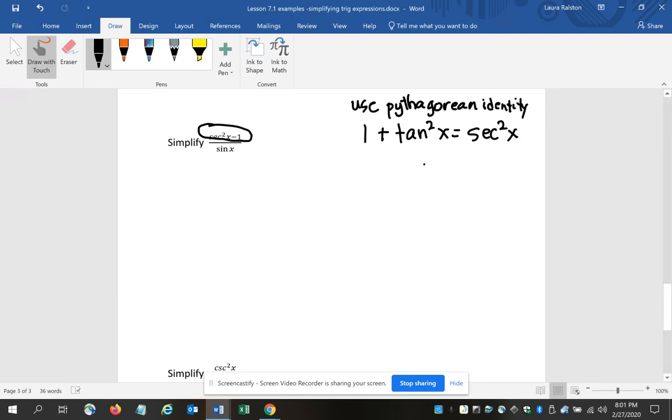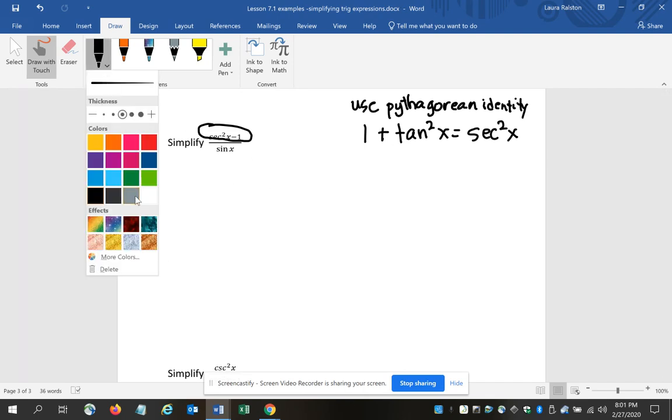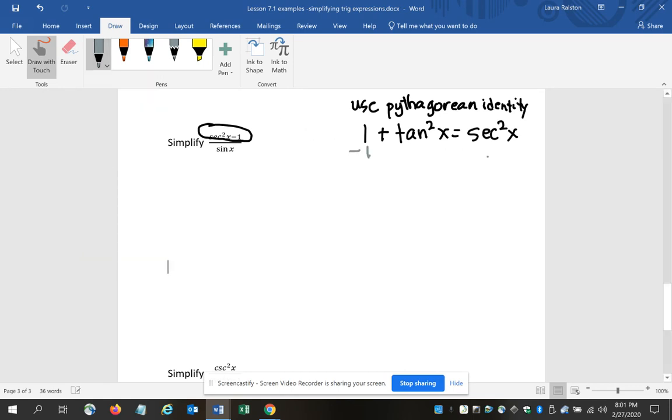And you may think, well, Miss Ralston, that's not what you have there. But if we do a little bit of algebraic manipulation, if I subtract 1 from either side of this expression, I get tangent squared x equals secant squared x minus 1.